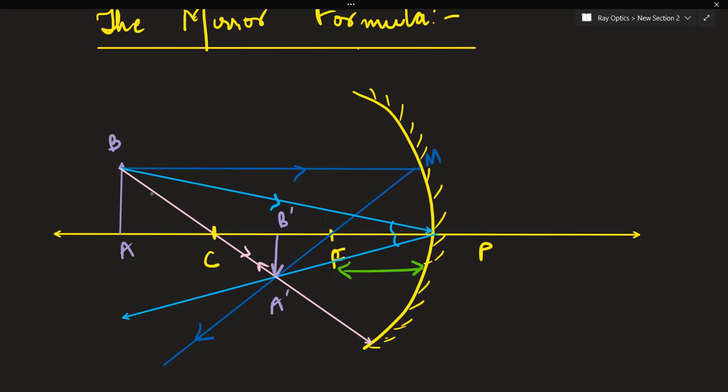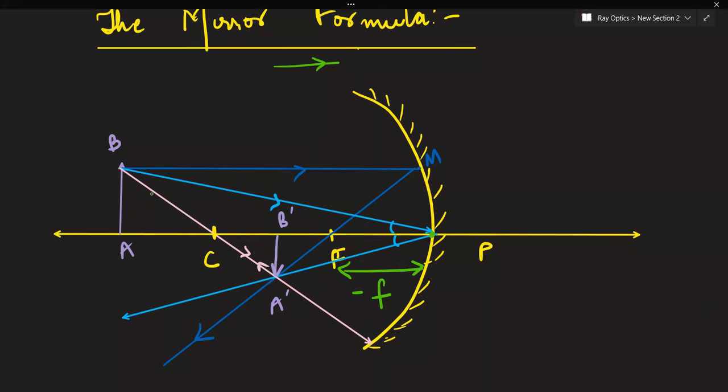So this is the focal length and it will be minus F. Why? The incident rays' direction is this and you measure from the pole. If you move from the pole, this is against the light. Or even just remember, anything that is kept in front of the mirror is taken as negative only. So the focal length is on the left hand side of the mirror, so that will be negative, because you are moving in this direction and light goes in this direction.